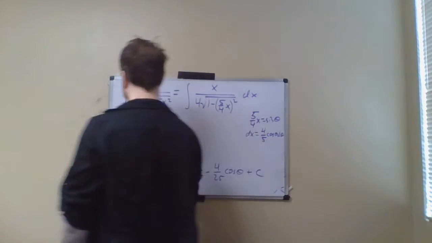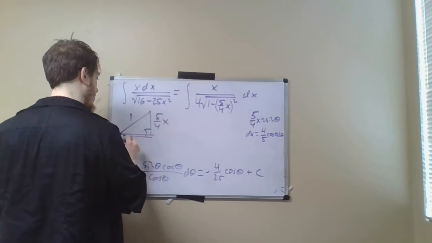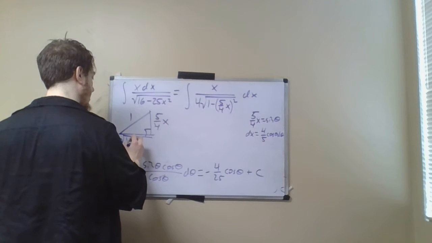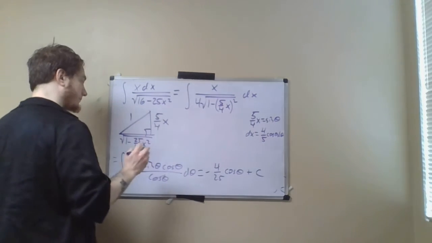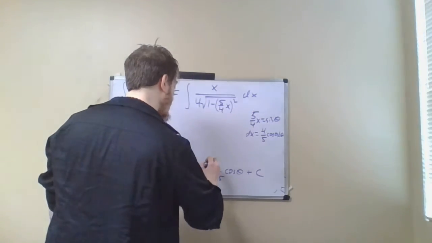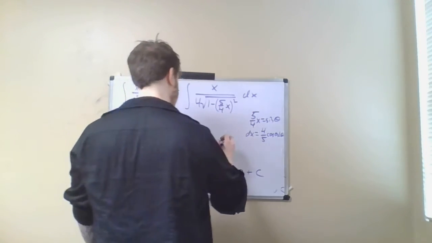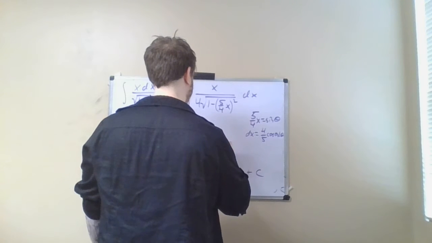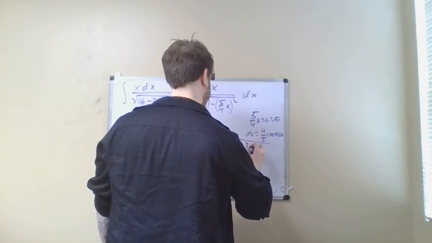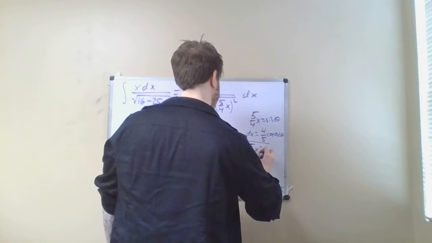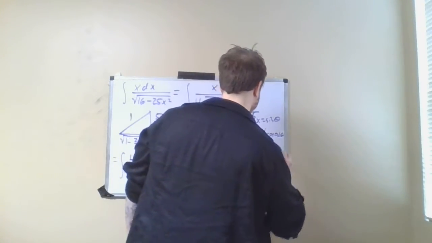So the adjacent side, in this case, is the square root of 1 minus 25 over 16 x squared. So my integral here is actually going to be negative 4 over 25 times the square root of 1 minus 25 over 16 x squared plus a constant.